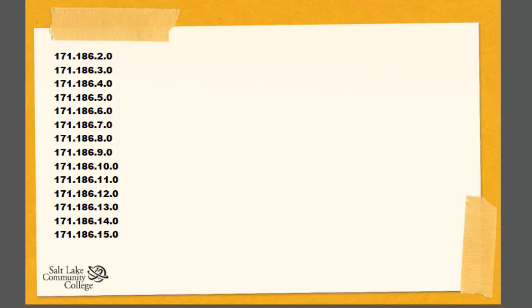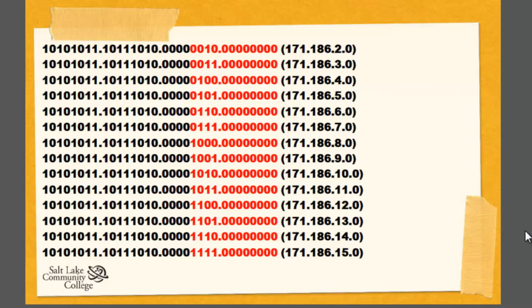Once again, we break it out into its binary format. When we break it out into its binary format, what we're looking for are the bits that match. And in this instance right here, we see that the first two octets match completely.